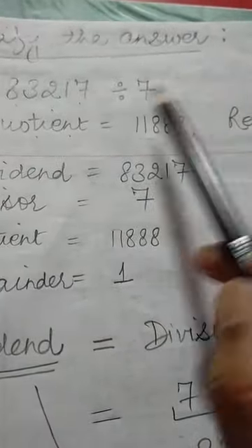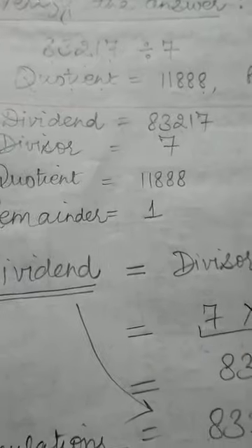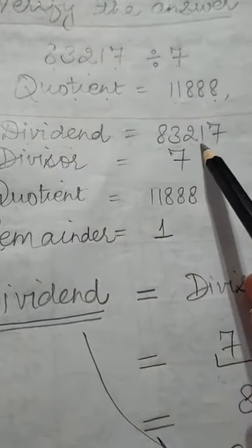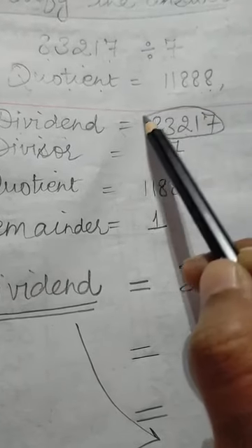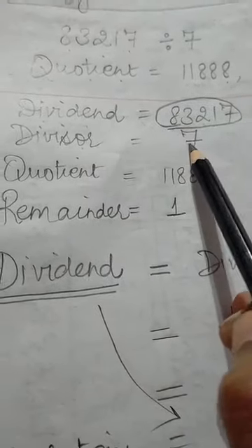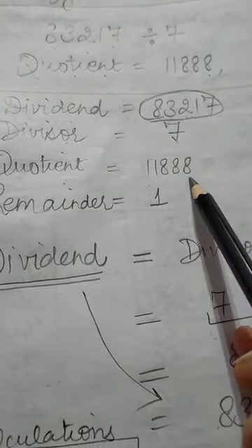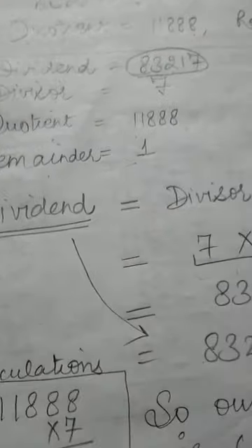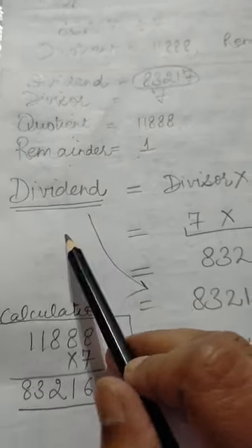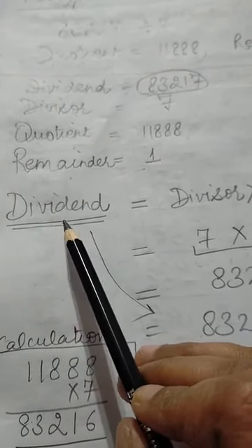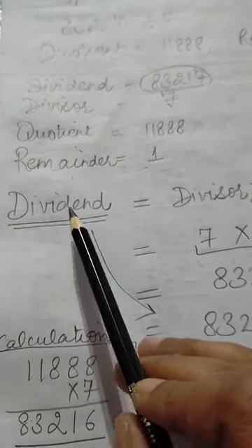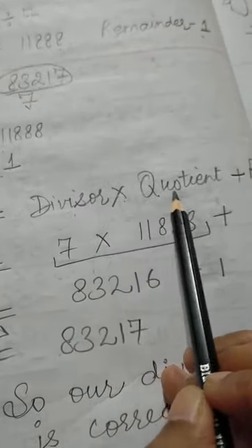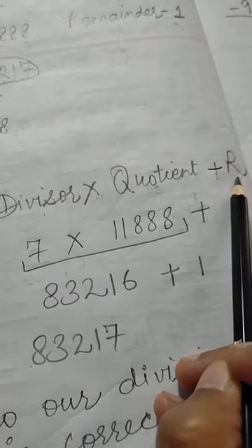Now we want to check our sum, whether it is right or wrong. So you can do it. Dividend 83,217, this is the dividend and the divisor is 7. Quotient we got 11,888 and the remainder is 1. Now how to check? There is one rule. What is that rule? The dividend is always equal to divisor multiplied by quotient plus remainder.